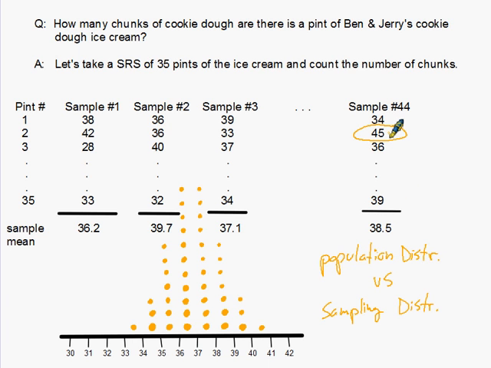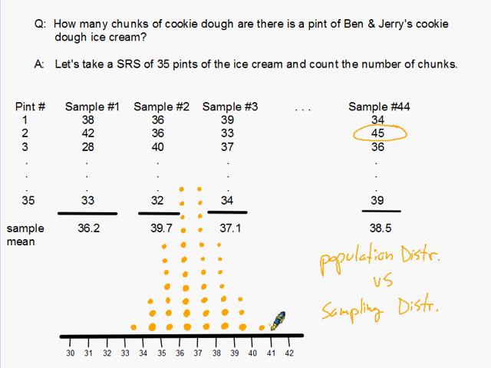This is an unusual value, but it gets washed out a little bit by averaging it with 34 other numbers. And so this 38.5 is one of these values, and doesn't seem to be overly unusual. So that's actually one of the benefits of doing the sampling routine, is it pulls in the variation.